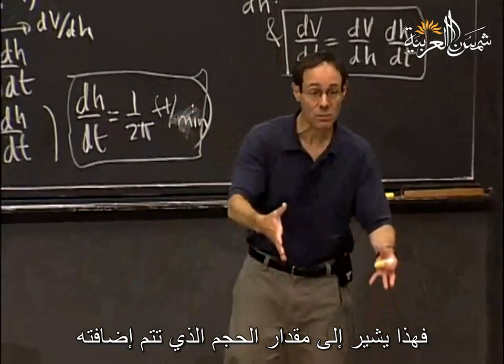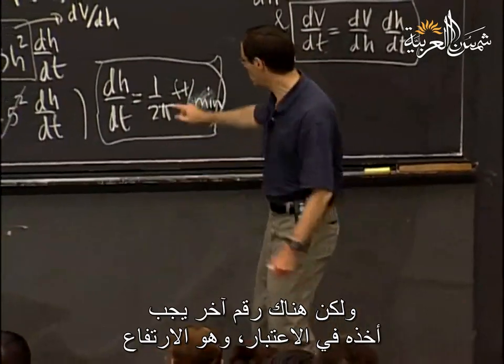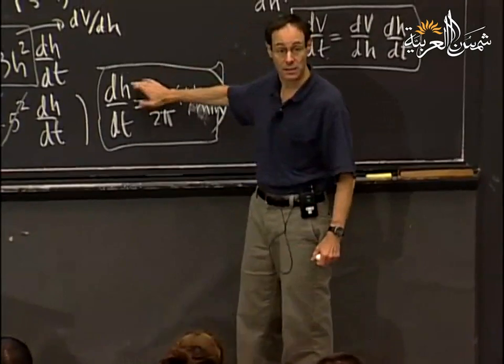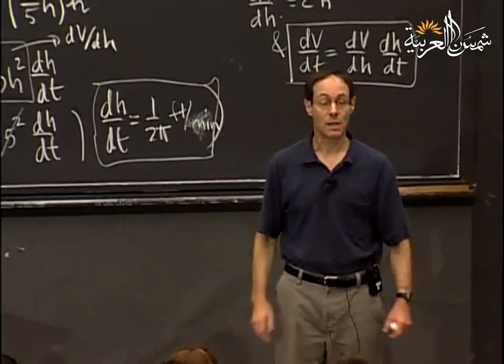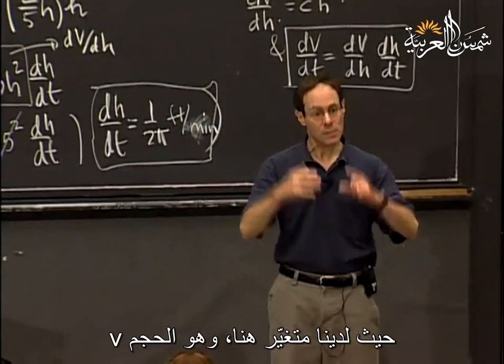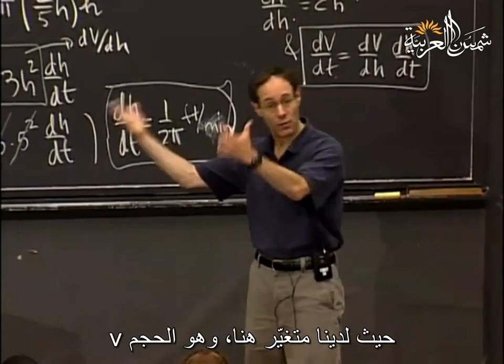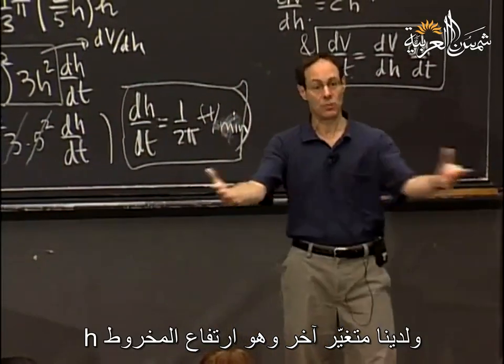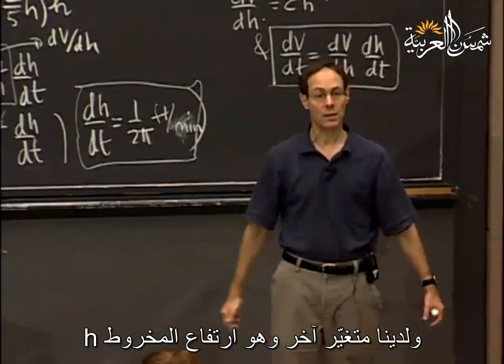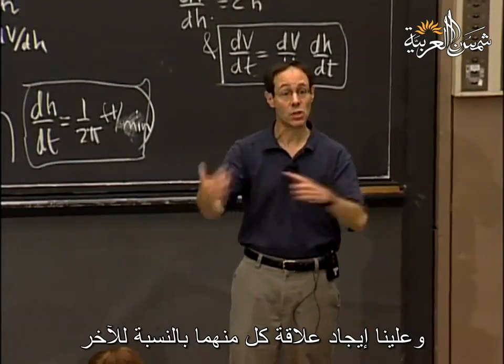That's how much volume is being added. But then there's another number that we're keeping track of, which is the height, or if you like, the depth of the water. So this is the whole point about related rates: you have one variable, which is V, the volume of something. You have another variable, which is h, the height of the cone of water, and you're keeping track of one variable in terms of the other.